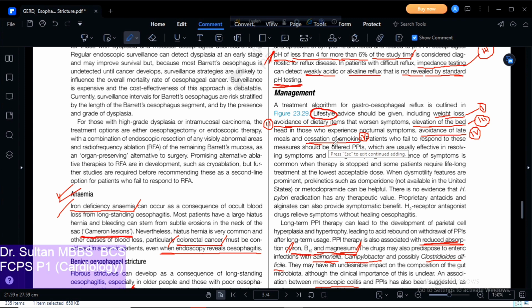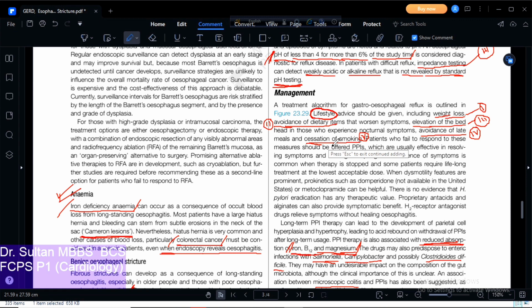And also, last but not the least, the cessation of smoking. Smoking should be stopped. So these are the important lifestyle modifications for the people with gastroesophageal reflux disease. Okay.